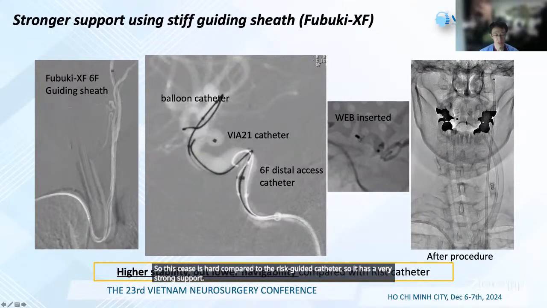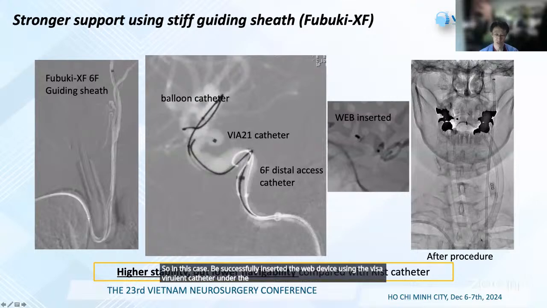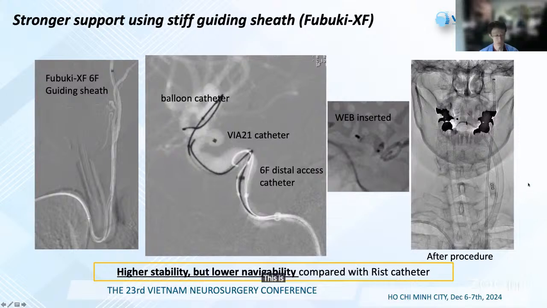But of course it has lower navigability compared to the Wrist catheter. In this case, we successfully inserted the WEB device with a balloon catheter under strong support using this Prof guiding sheath. Yeah, this is the other method.